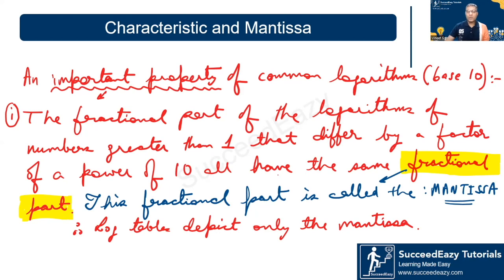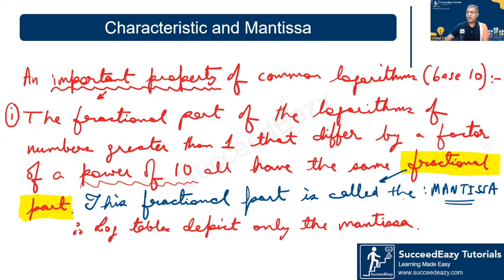So I repeat, the fractional part of the logarithms of numbers greater than 1 that differ by a factor of a power of 10 all have the same fractional part. This is important, right? So please try to make sense of it, okay?